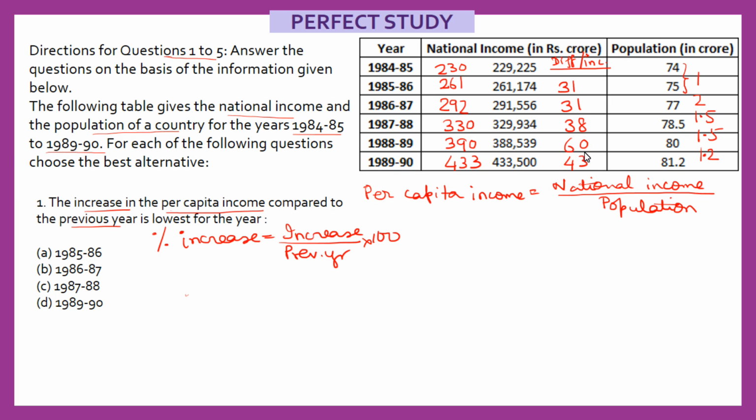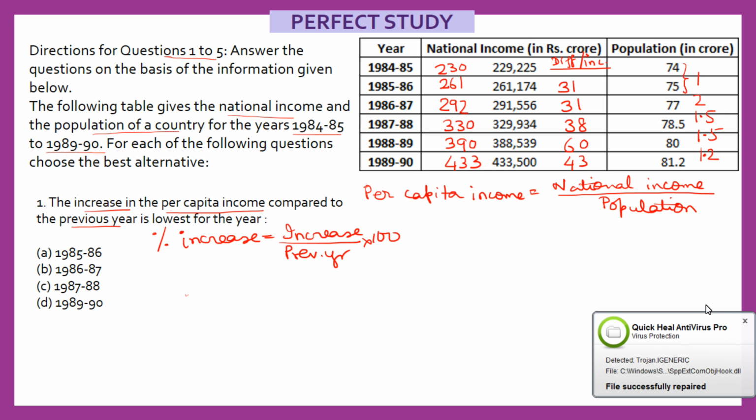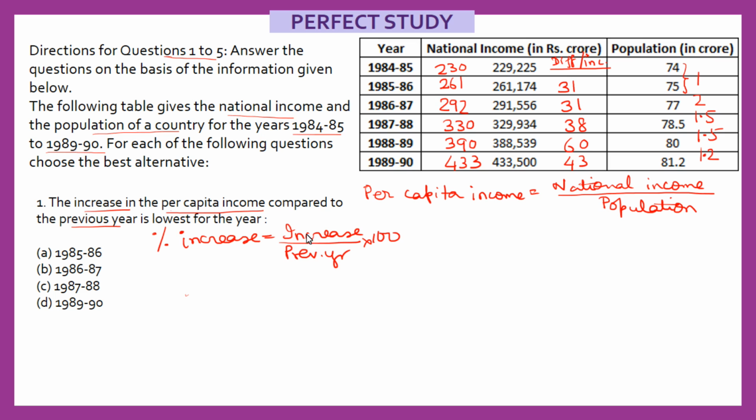See, as of now we have not done any percentage calculation, nothing, and nothing is required. What we have to find out, the percentage increase is lowest in which year? Now, if we want percentage increase lowest, increase should be lowest and the previous year value should be highest comparatively. The increase should be lowest and the previous year value should be highest. So what should we do?